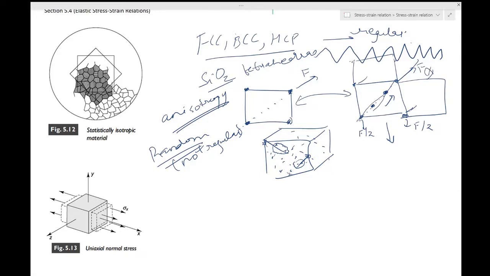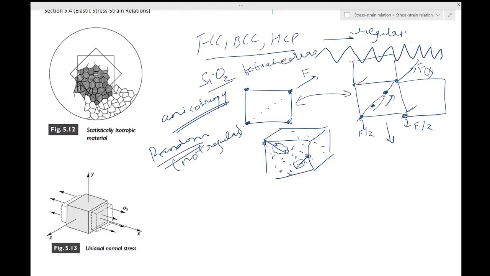possibilities of orientations, and two cubes cut out of the material at different angles will have the same statistical distribution of orientations of the structural elements relative to the cube axis, as shown in figure 5.12.